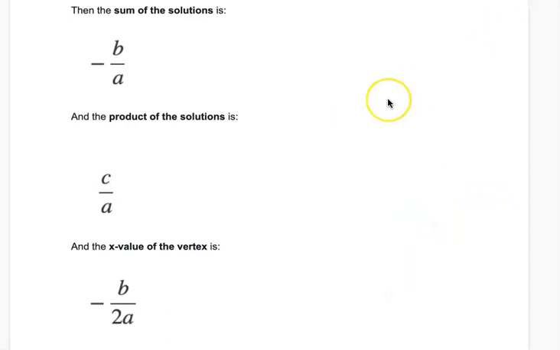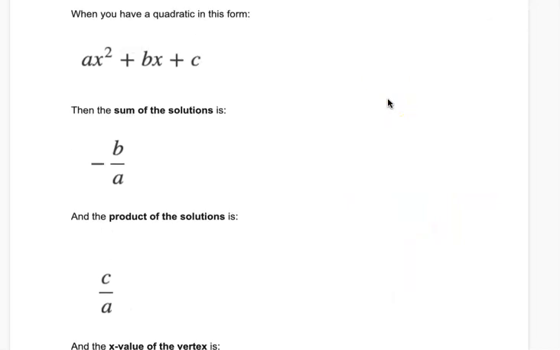And then if you wanted to find the y value, once you find the x value, you just put it in for these x's and you do the whole thing and you get the y value of the vertex. So that makes it really easy to find the vertex of a parabola.